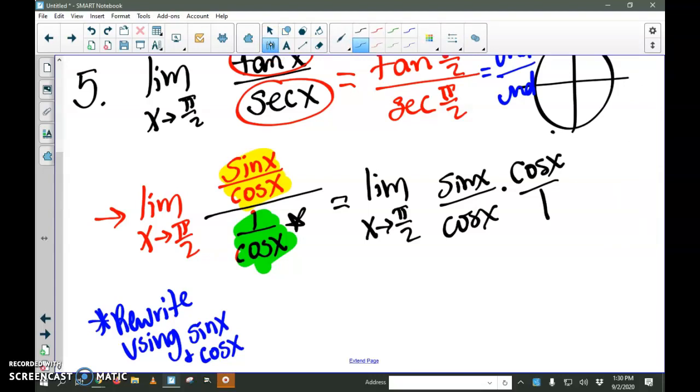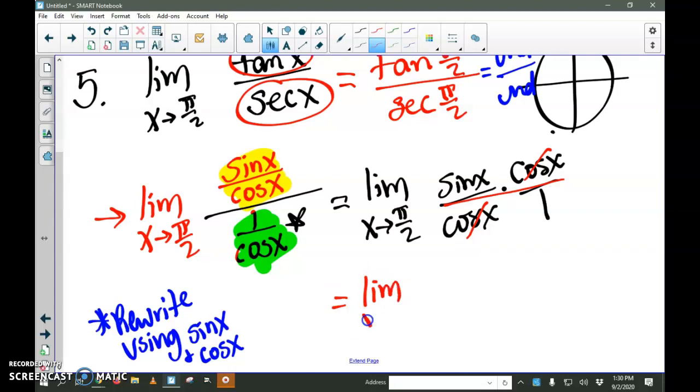Look it up if you need to, okay? Hey, look what happens. I have sine times cosine, really technically in that numerator, and in the denominator I have cosine times 1. Well, because these are being multiplied in the top and cosine times 1 in the bottom, I can divide a common factor out. Look, I'm still not applying the limit yet.